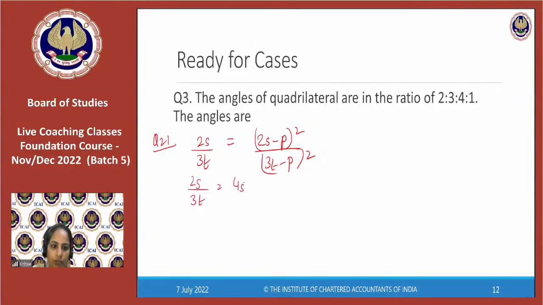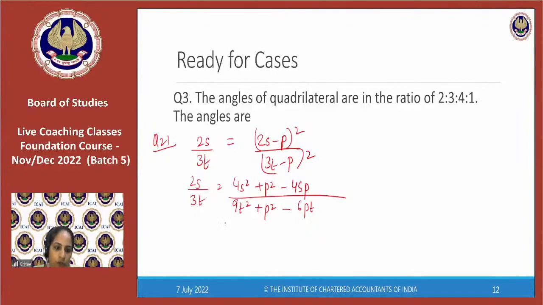This will be (4s square plus p square minus 4sp) whole upon (9t square plus p square minus 6pt). Square root will not solve.